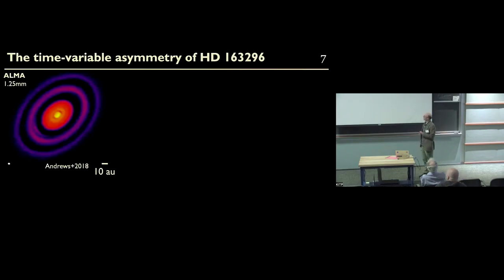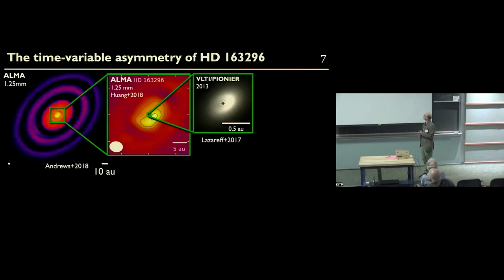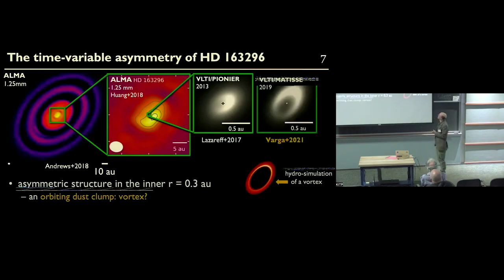So again, let's do the magic trick of zooming into the inner disk, and let's see that we observe this object with Matisse, and we see this asymmetric feature that we compared with the older data set of Pioneer, and then we found that it is moving.